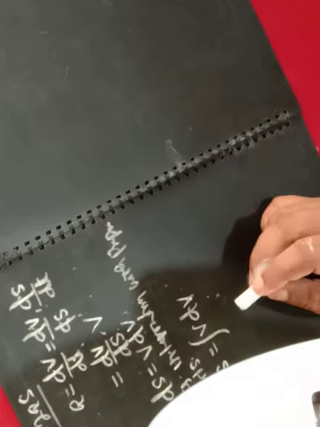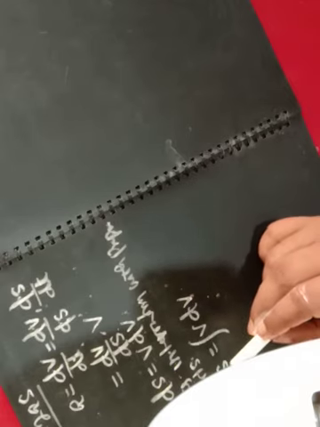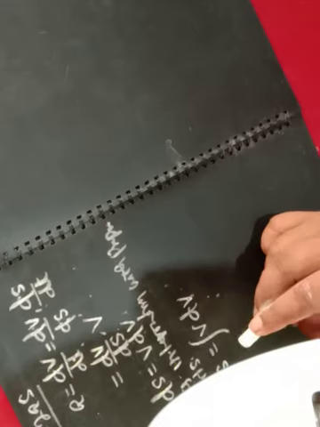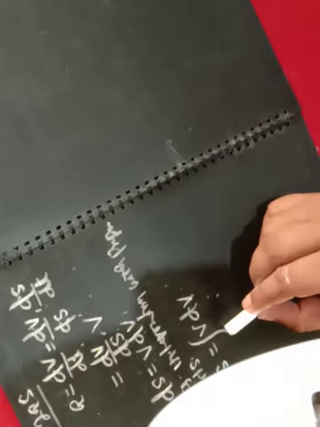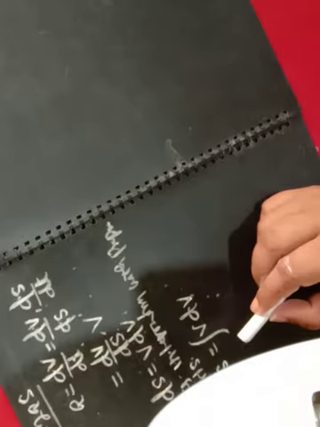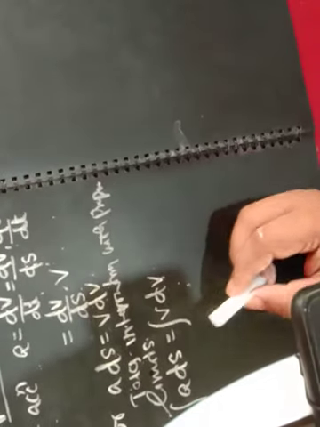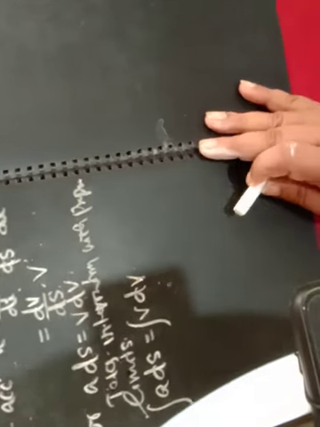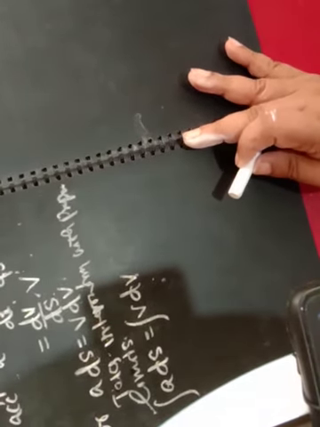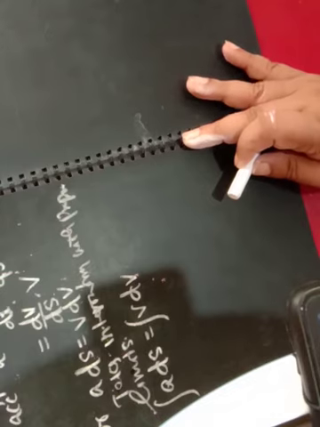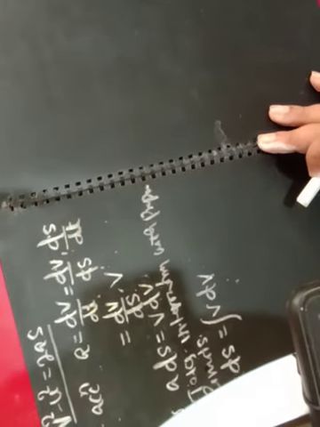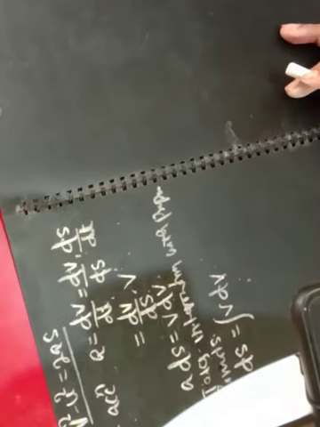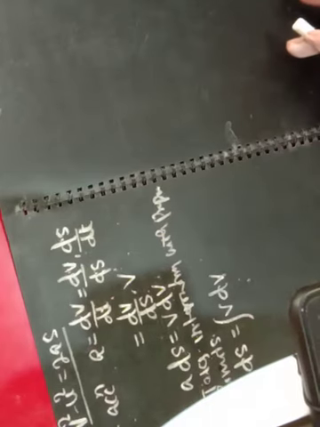So whenever the distance traveled is 0, clear? That initial velocity was u. Ads, okay?